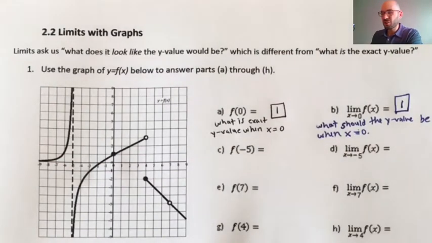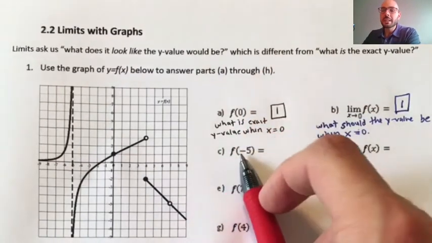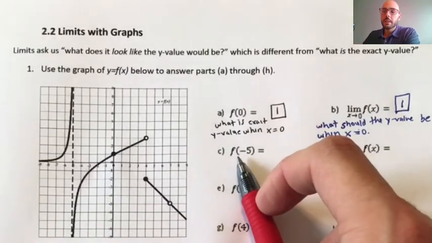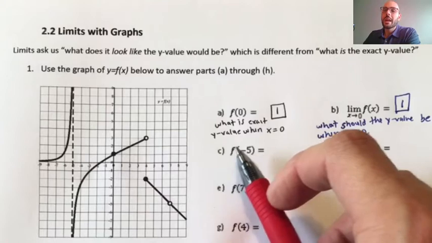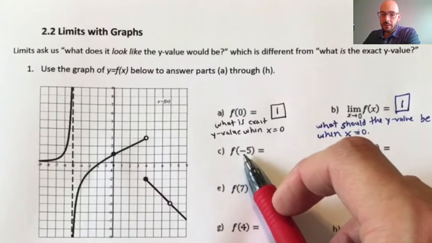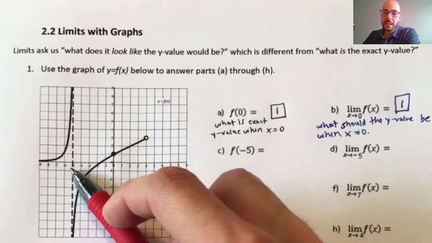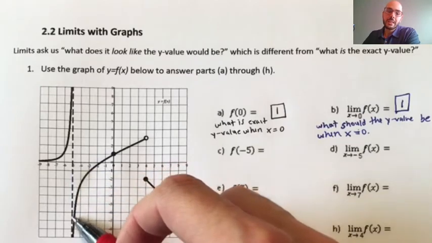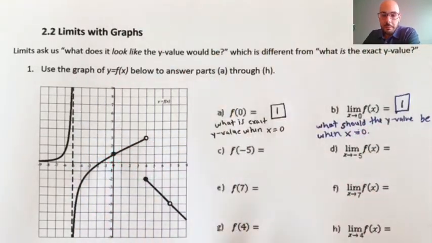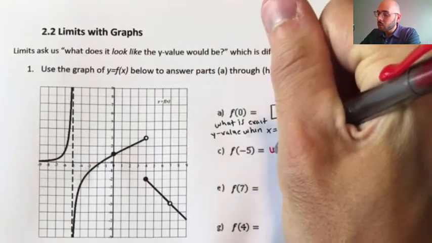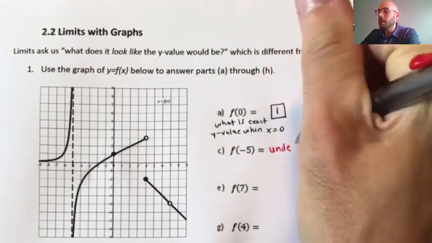Okay, so let's try another one. f of -5. This is not a limit. This is what is the exact y value when x equals -5. So x equals -5 is right here. There's an asymptote there. We know that if there's an asymptote, the graph does not exist. So the value is undefined.